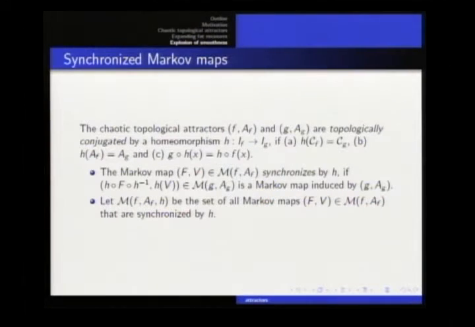Of course, not all Markov maps need to synchronize, or maybe not even one Markov map. So when we have a Markov map, we just look at the ones that synchronize, whose image is also a Markov map for G. That's what I mean by synchronization.